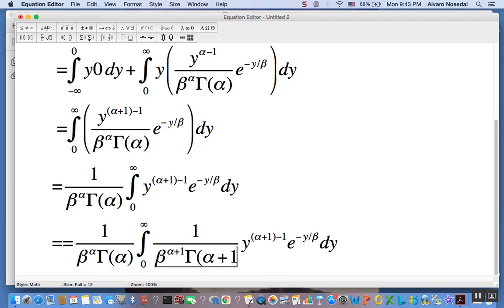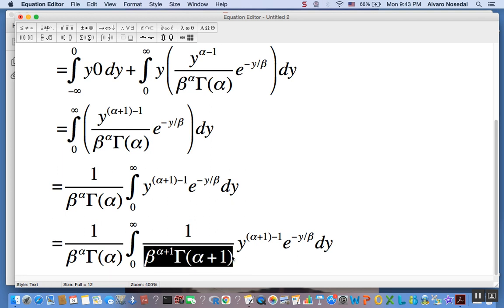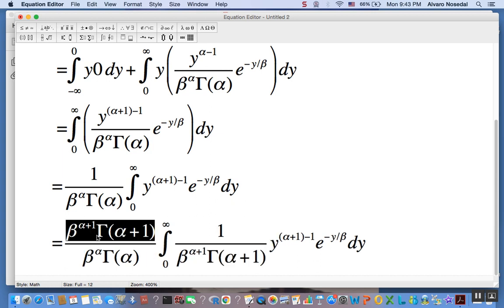Alpha plus 1. Nice. But then you go, okay, that's a constant, no problem. But if you're dividing by that guy, then we have to multiply by that guy. And if we do that, we're just multiplying by a 1. That's a very kind of ugly one, but it's a 1.